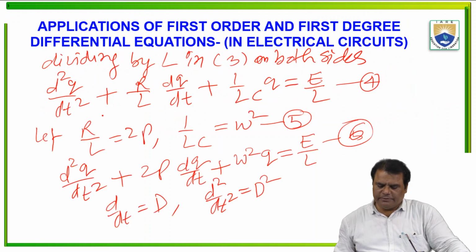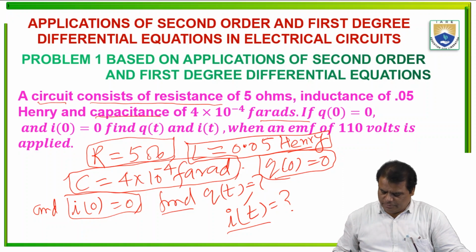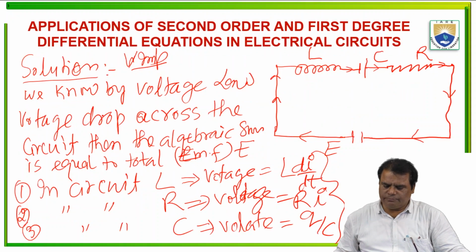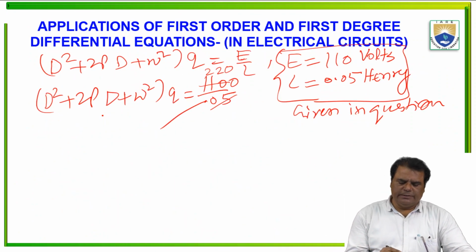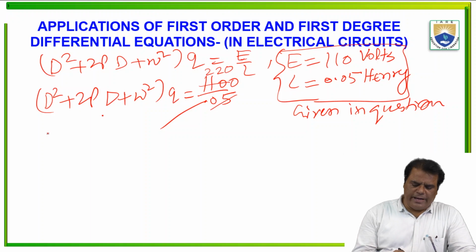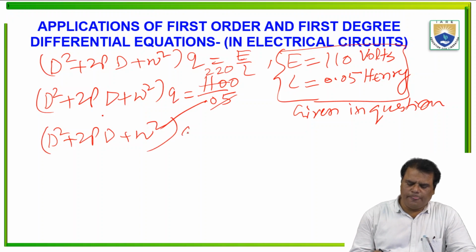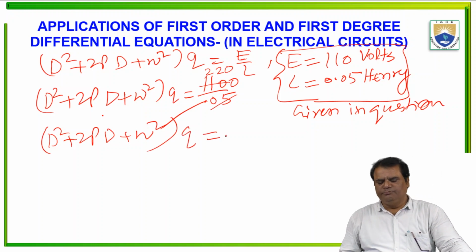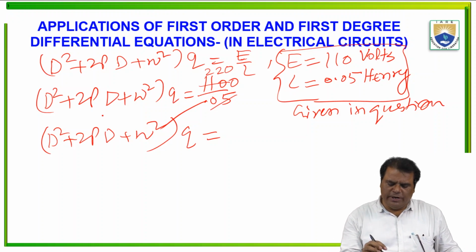So D square plus 2p D plus w square into q is equal to 220.